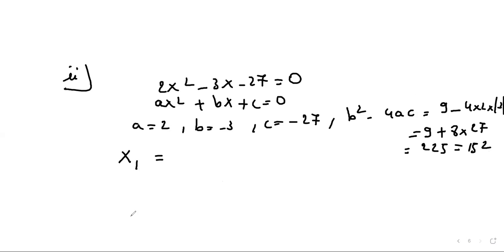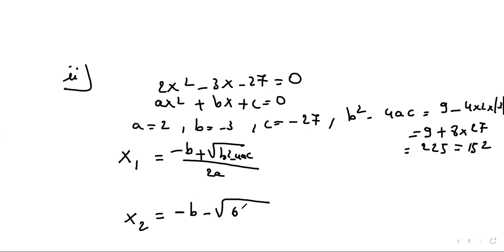So if I would like to calculate x1 and x2, the first solution x1 is negative b plus the square root of b squared minus 4ac, divided by 2a. And the second solution is negative b minus the square root of b squared minus 4ac, divided by 2a.